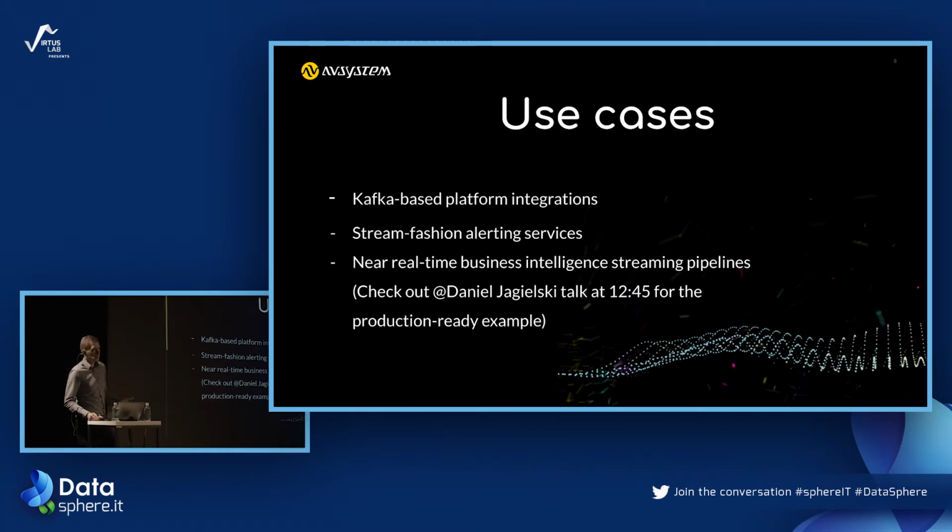With Kafka Streams, you can perform it only with the Apache Kafka cluster, and it's extremely useful. What's more, it fits nicely in stream-fashion alerting services and near real-time business intelligence streaming pipelines. Actually, in about 2 hours there will be a talk about how Kafka Streams can be used in such a case as a production-ready example. So I invite you all to attend it.